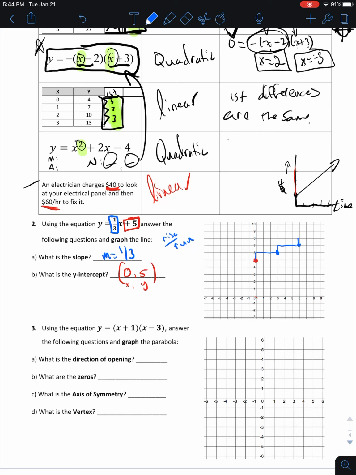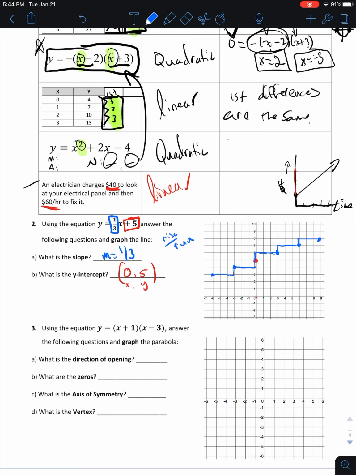Up 1, right 3. Okay. Now the opposite of going up 1, right 3, is going to be going down 1, left 3. Right?